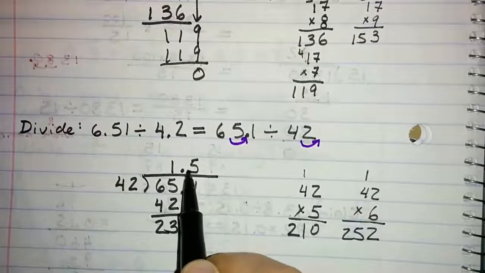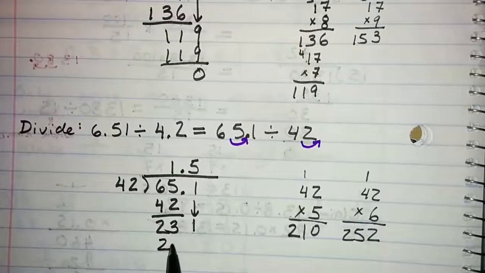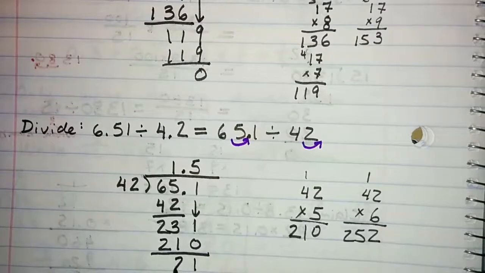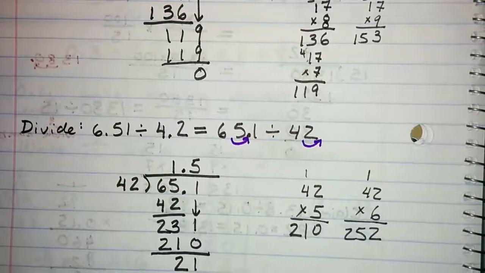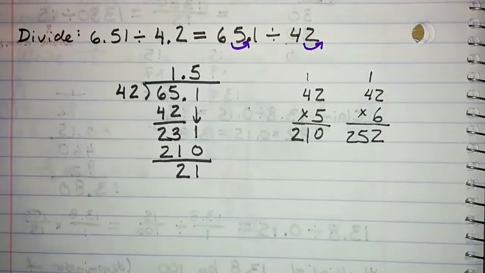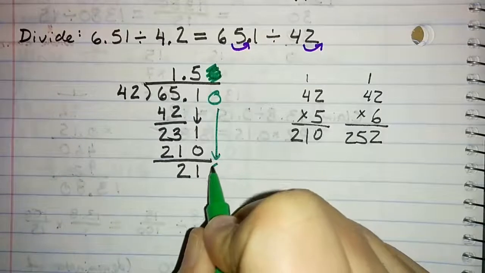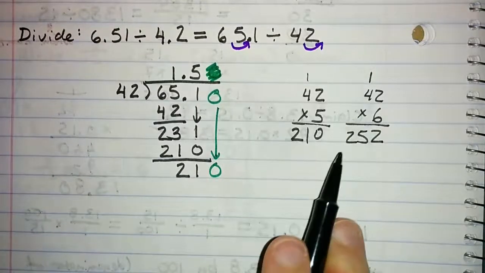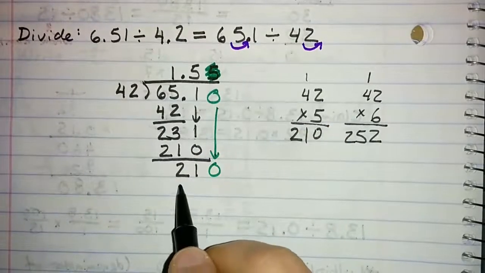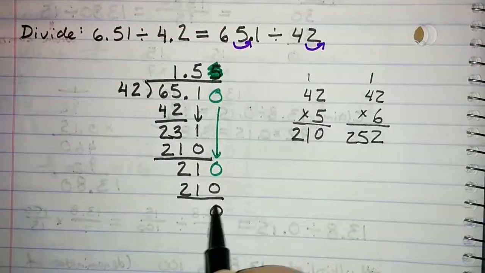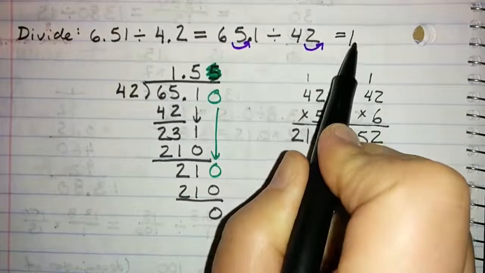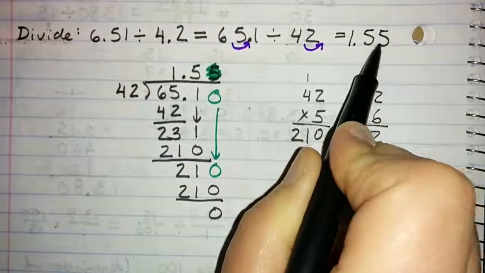So 5. 5 times 42 is 210. Subtracting, I have 21 left. Notice I still have something left, so I need to put in another 0. Bring that 0 down. 42 goes into 210. I already know exactly 5 times. 5 times 42 is 210. Nothing left. So my quotient is 1.55.